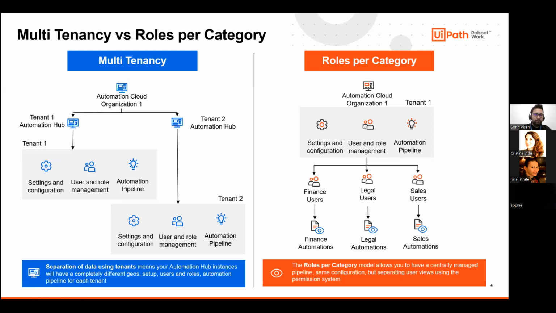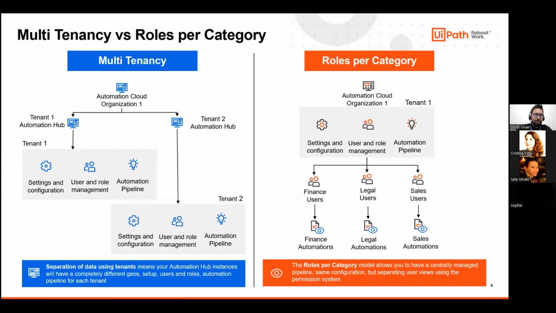They're basically two separate entities altogether. And inside them, besides the settings, you can have different users, a totally different automation pipeline, different category setup, and everything in relation to the configuration of Automation Hub.